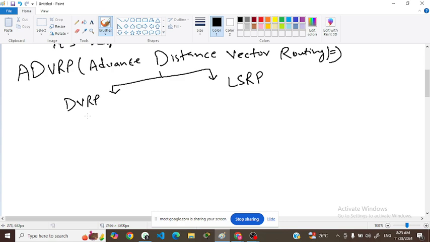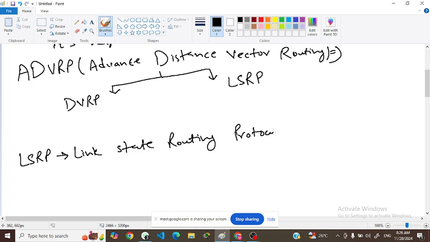Okay, so in DVRP, they will only share the routing table information.